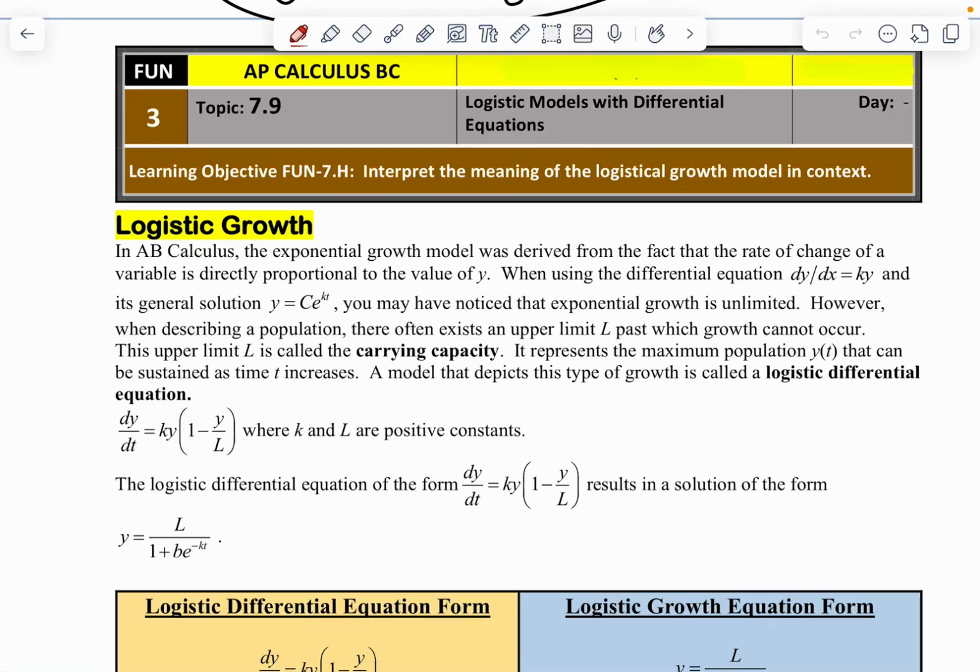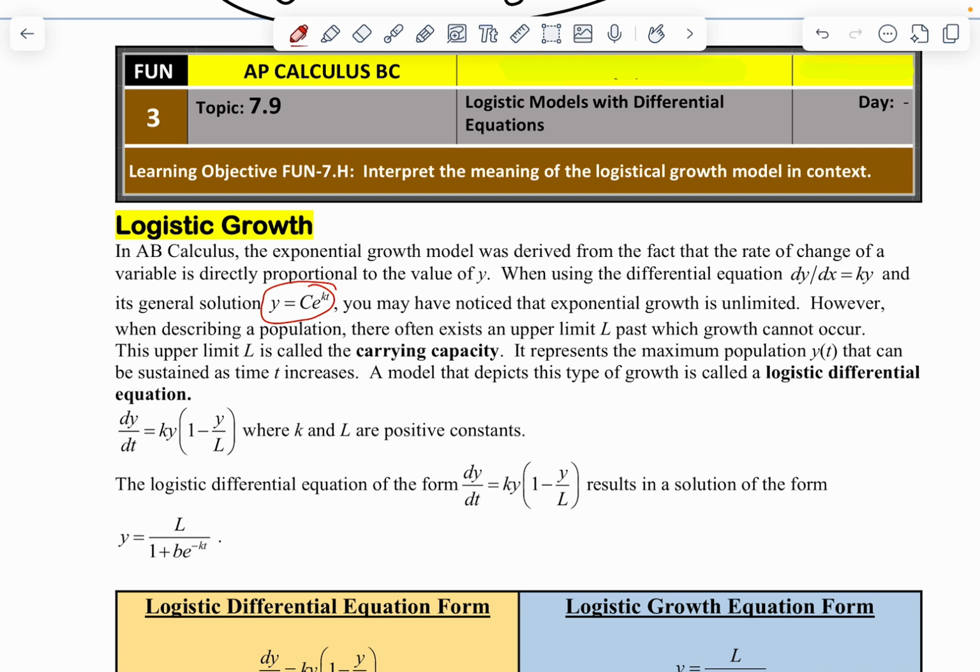All right, so next function, logistic models with differential equations. So logistic growth is something that is only done in BC, right? And in AB, we just talked about the exponential model.